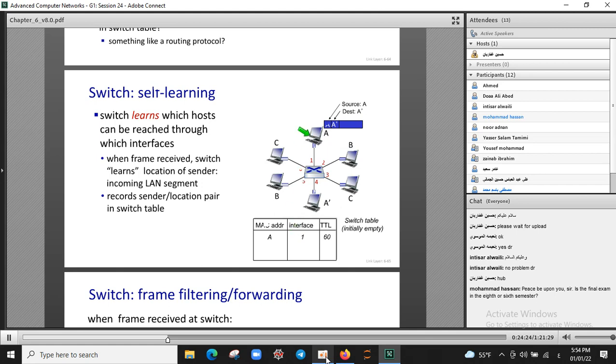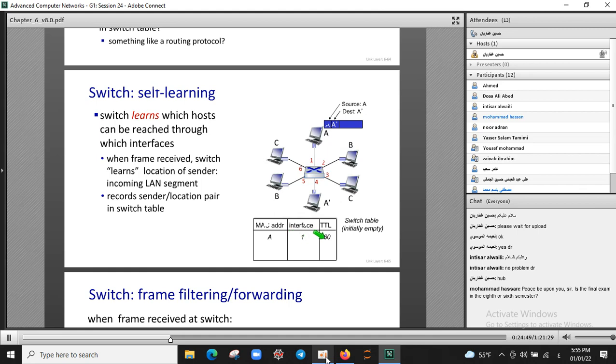I receive a frame with MAC address A over interface number 1. What does it mean? It means that after this, if I decide to send information to MAC address A, I can send it over interface 1. That's easy.